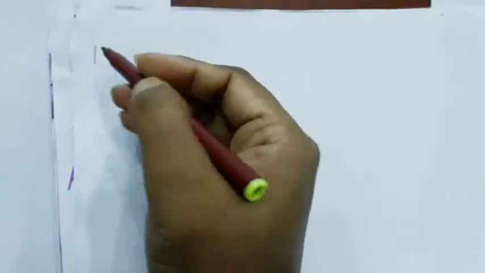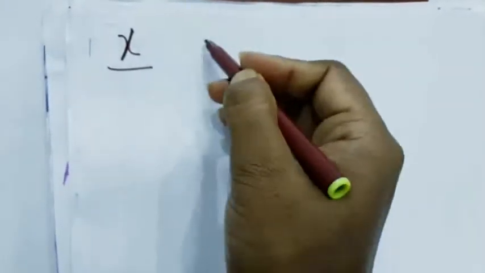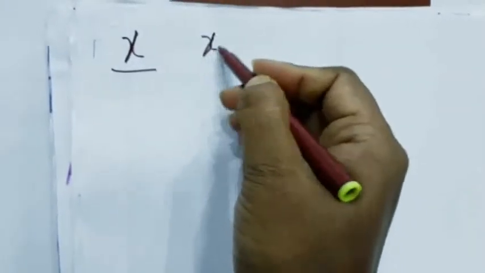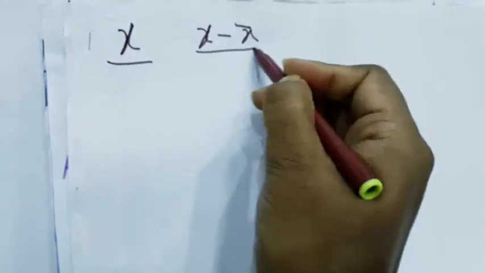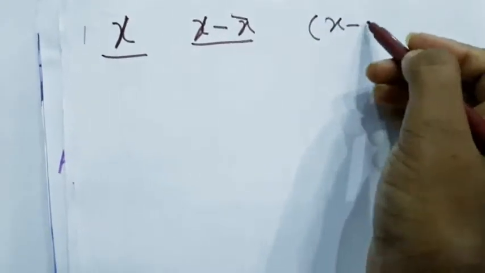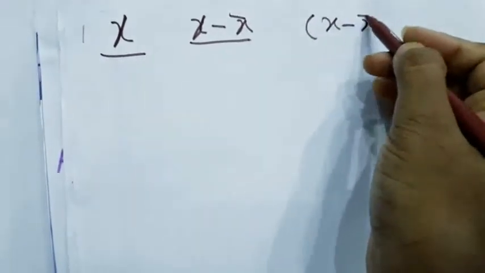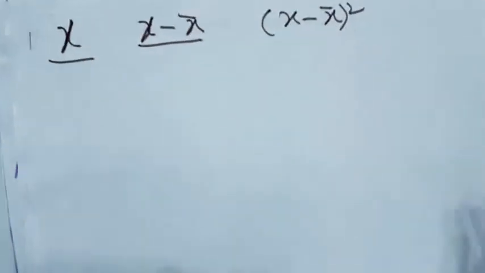No problem, x is given, whatever, x minus x bar, then one table will be x minus x bar whole square. Okay, now we'll go back to the problem.